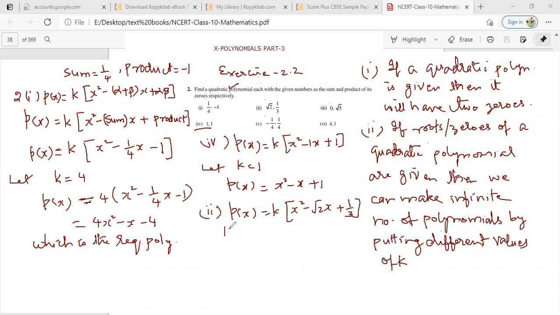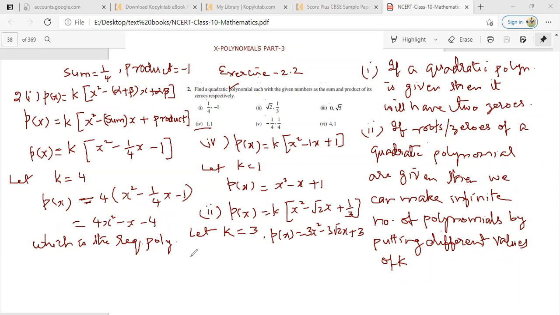To remove it, we will let k is equal to 3. And in the textbook also, you will find the answer like this. Px is equal to, put k is equal to 3 and multiply 3 inside. So this will become 3x square minus 3 root 2 x plus 1.